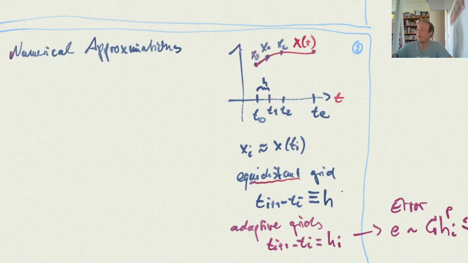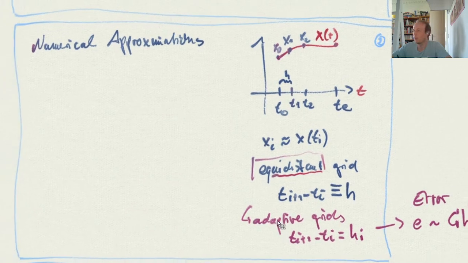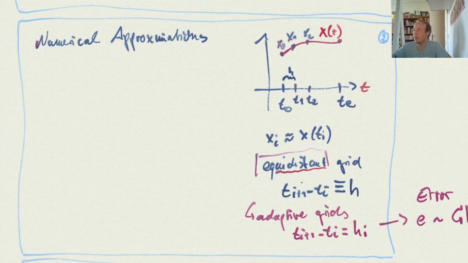This means technically one can always take the maximum and have these error estimates, but this is a lot of notation. That's why we want to stick with equidistant grids. But really, in practice, one wants to use adaptive grids.